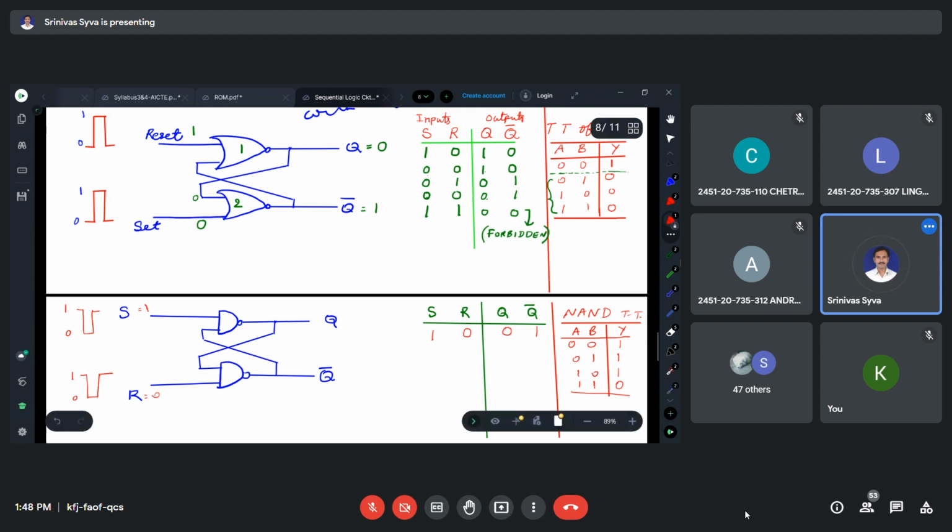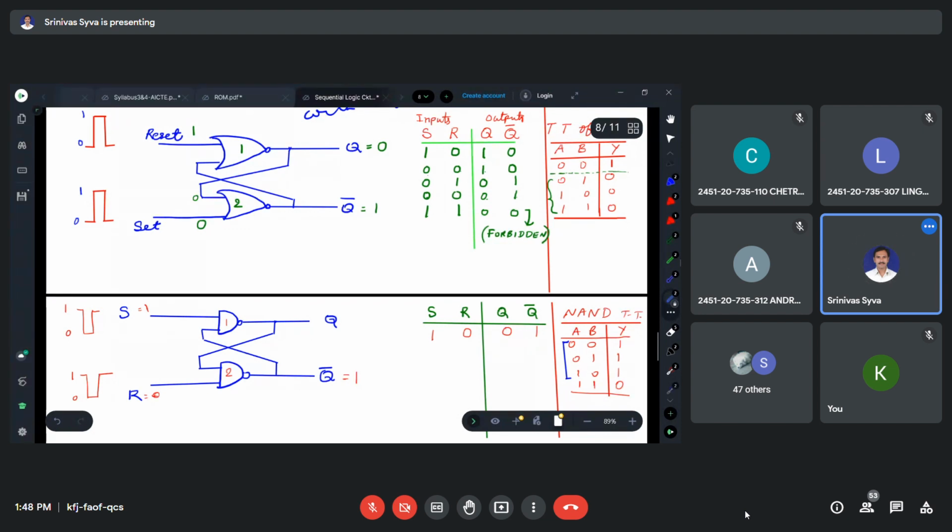See here. Here, this NAND gate, say this is NAND gate 1, this is NAND gate 2. For the second NAND gate, one of the inputs is 0. So automatically it can be set to 1. From the NAND gate truth table, you can decide if one of the inputs is 0 or if both inputs are 0.